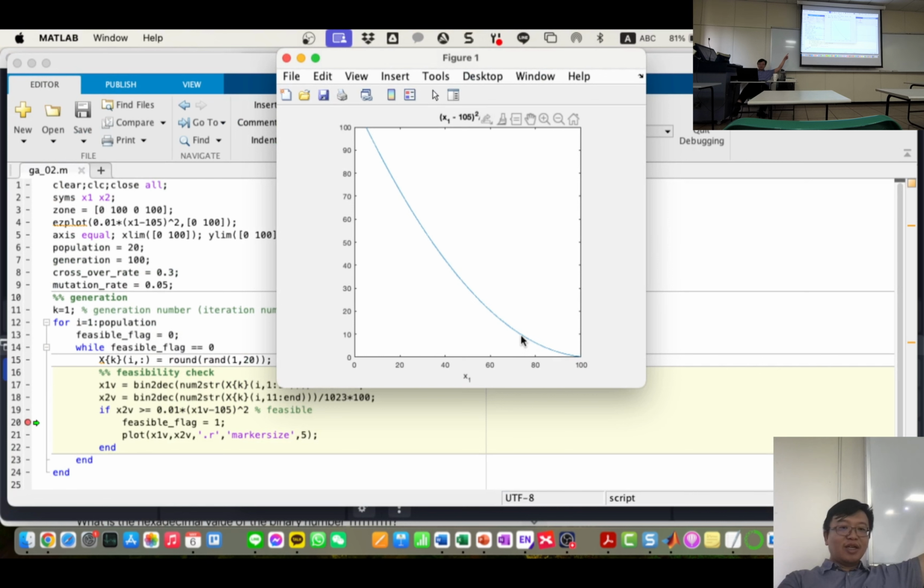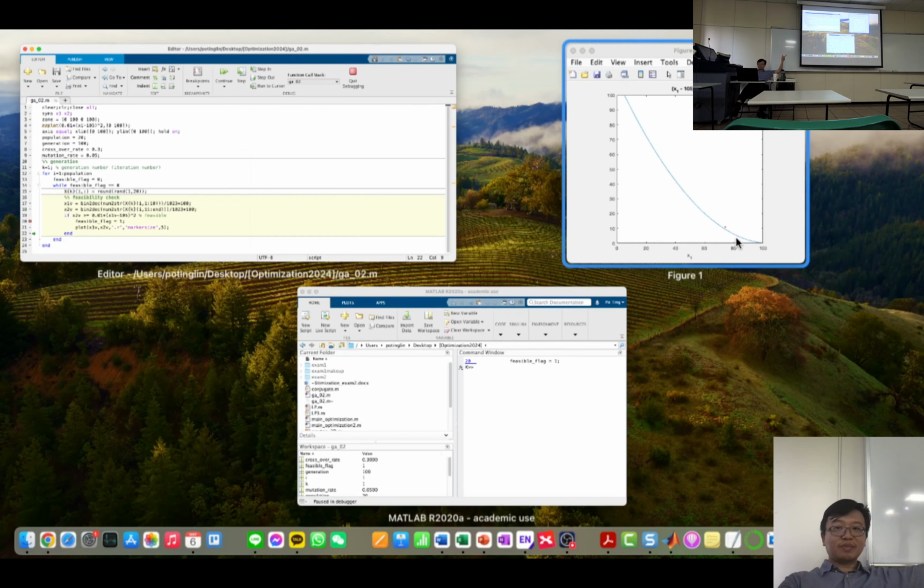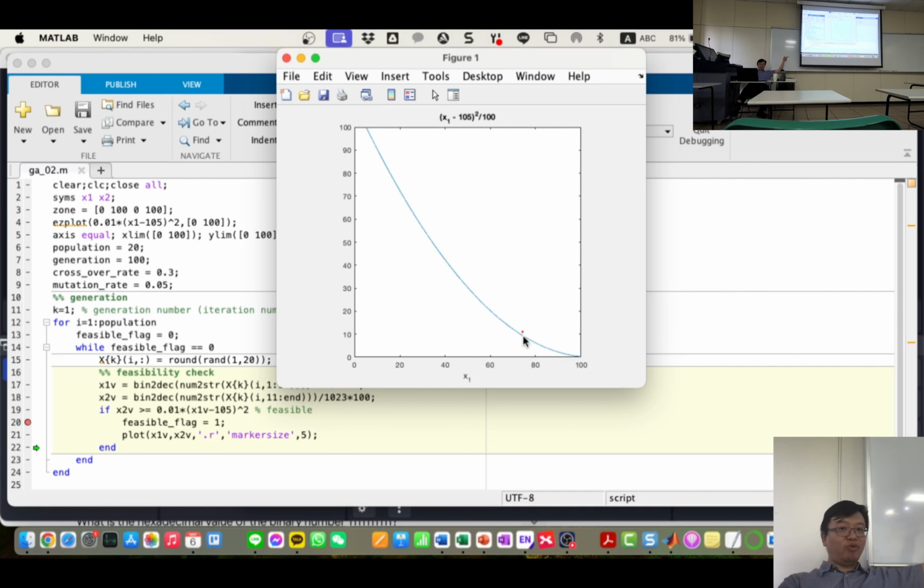So it's at some point infeasible, so my feasible flag was 0. Because it satisfied the flag equals 1, plot out the point. So you can see it's within the feasible space. Upper right corner is the feasible space.